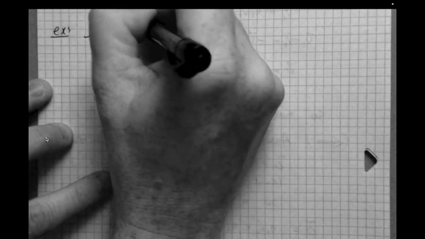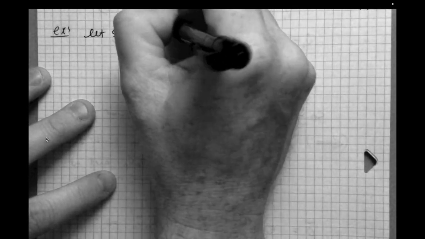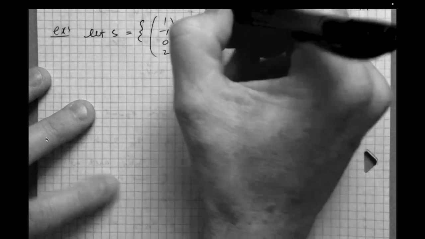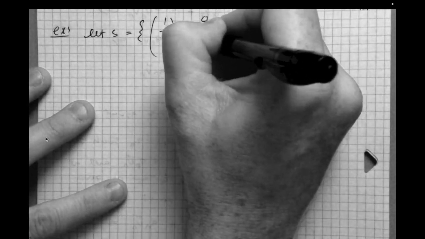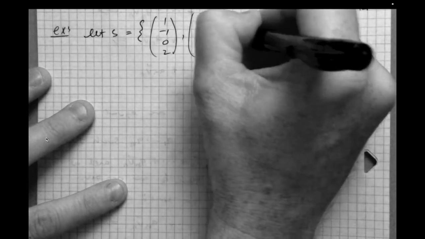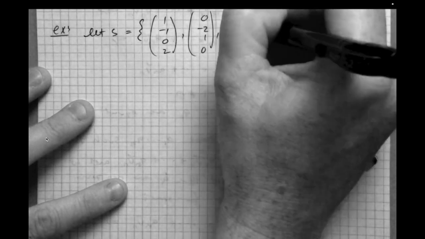So let's let S equal 1, -1, 0, 2, 0, -2, 1, 0, 2, 0, -1, 1, right?